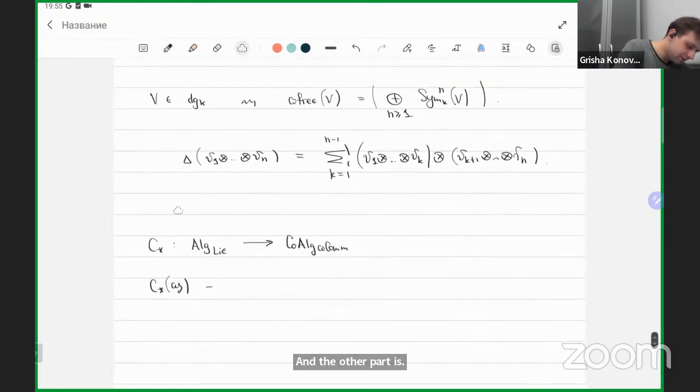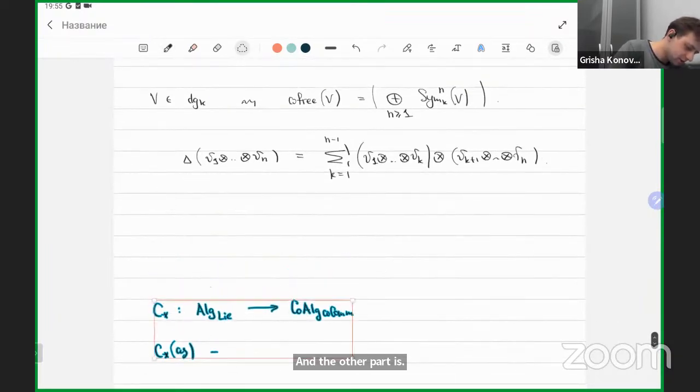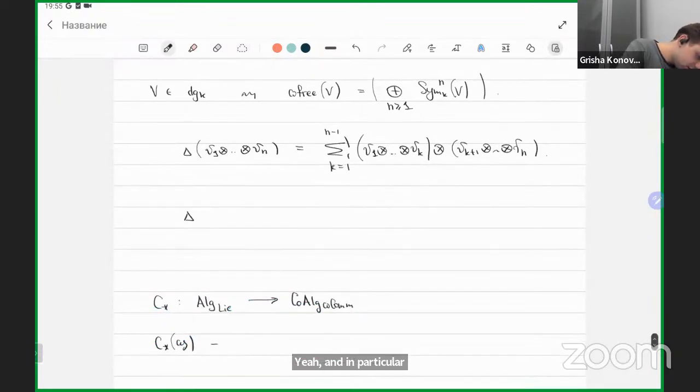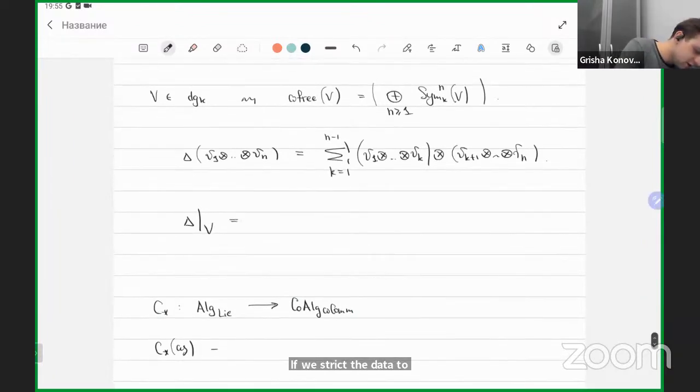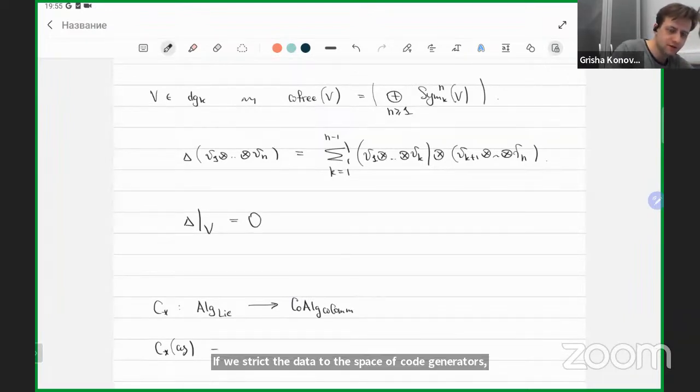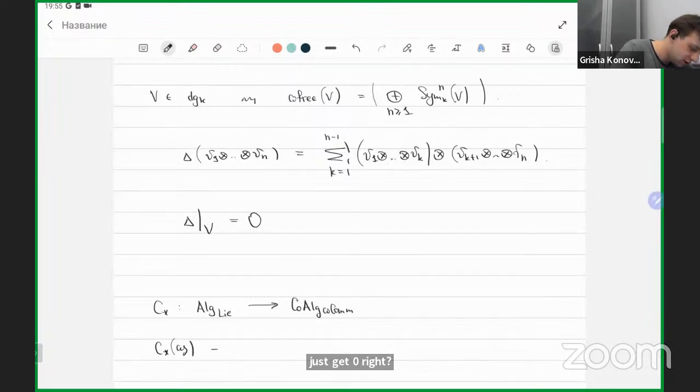In particular, if we restrict delta to V, the space of cogenerators, it just gets 0. That's the first part of our iteration.